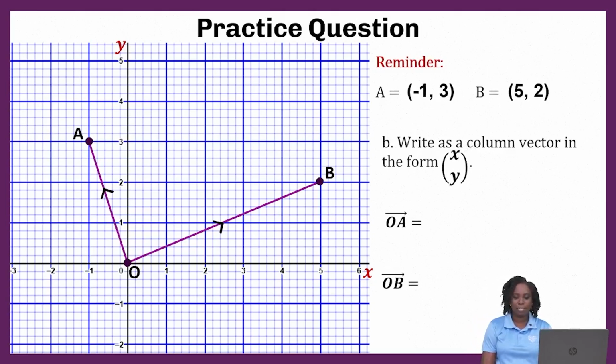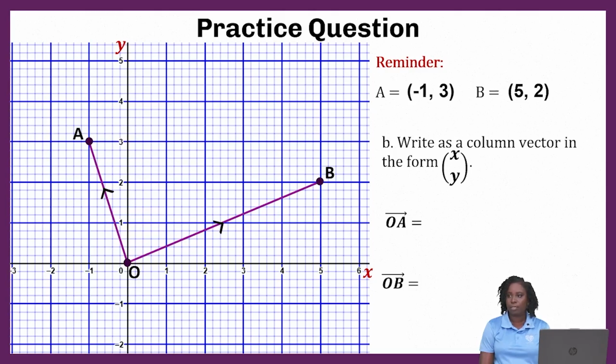So there's a reminder at the top of our coordinates for A and B. Part B wants us to write as a column vector in the form (x, y). OA is our first question. So let's look at OA. Now, we've already done the work in terms of the direction, the movement, to finding where A was located.